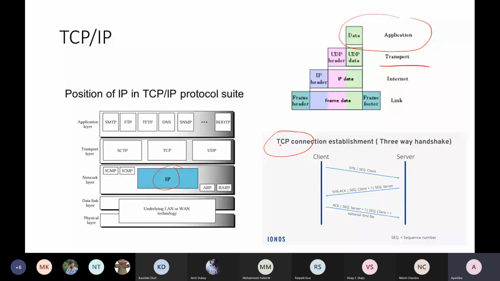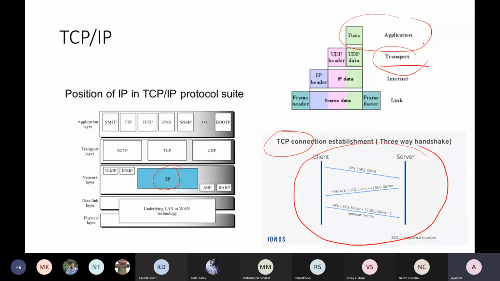That may be through some handshaking. Handshaking means the client is sending some request, the server is acknowledging, and then the data communication actually takes place. Now, this type of connection establishment is taken care of in the transport layer.